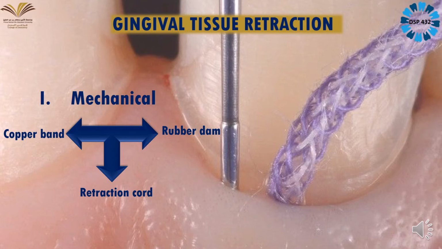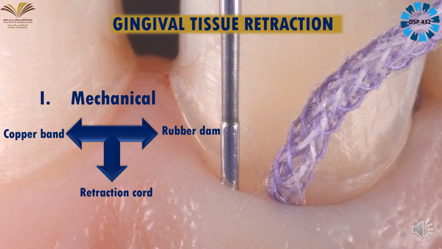With provisional crowns, you can only give provisional restoration for a single crown, not for bridges, right? So that was a drawback. Similarly here, with the copper band, you can do the retraction only and only for one particular tooth. If you want to do it for another tooth, you have to reuse the copper band again. So that was a drawback with your copper band.